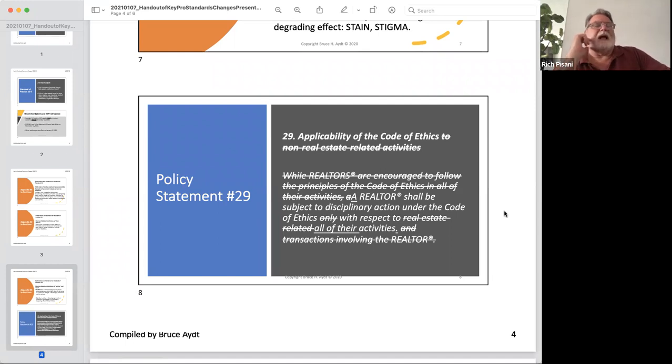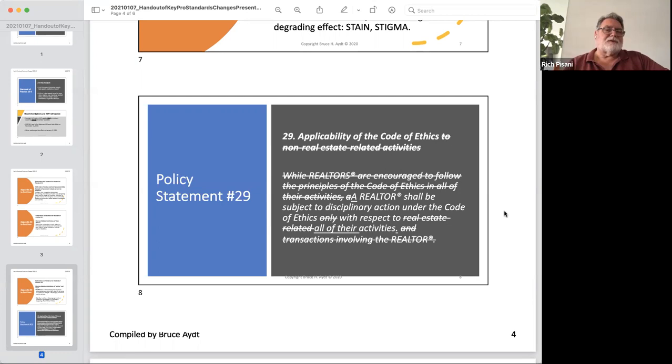You'll see the lined-out items, but it basically had to do with during a transaction. They've changed this policy so that a realtor shall be subject to disciplinary action under the Code of Ethics for all of their activities.